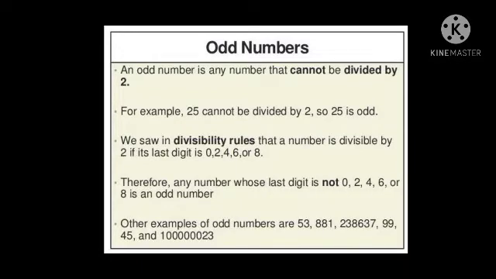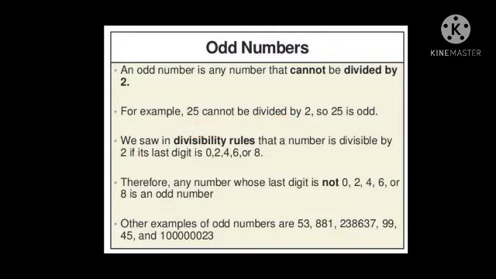Now let us recap what is meant by odd numbers and even numbers. An odd number is any number that cannot be divided by 2. For example, 25. 25 cannot be divided by 2.